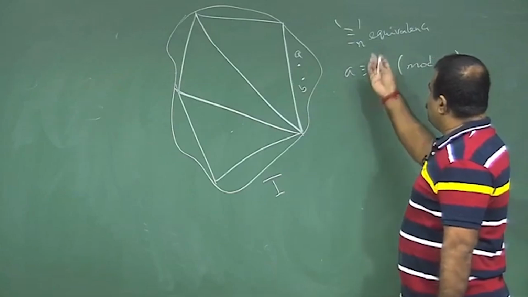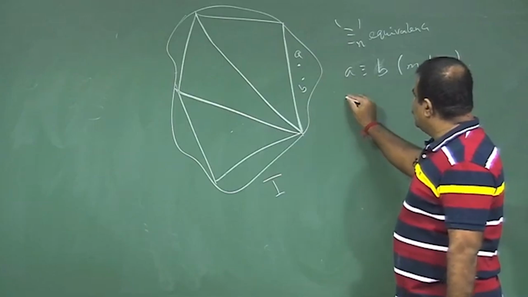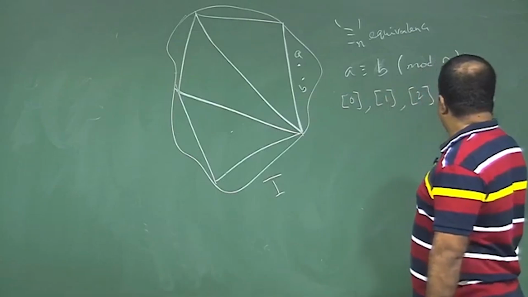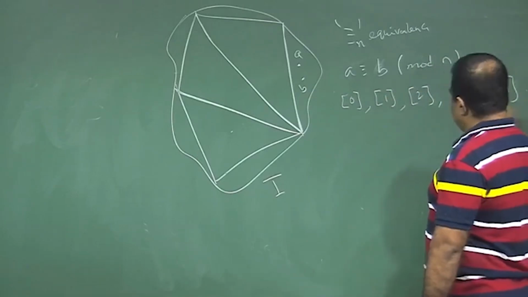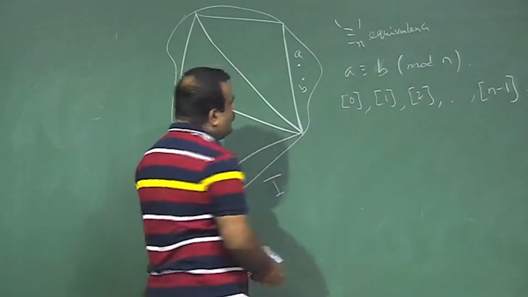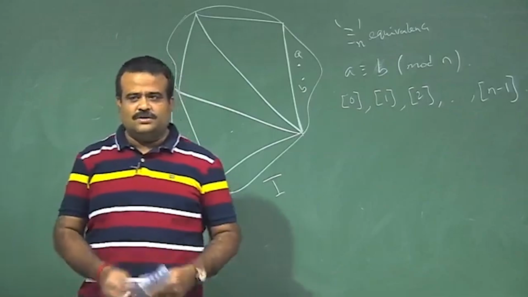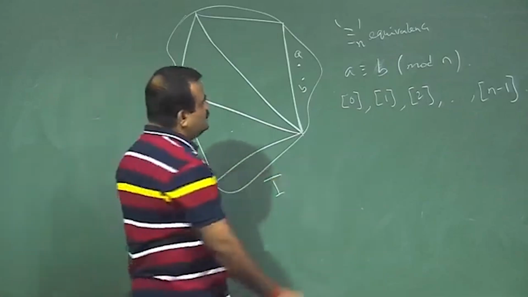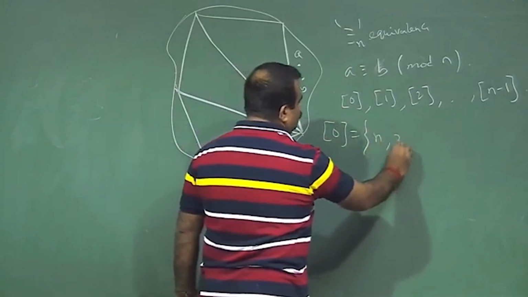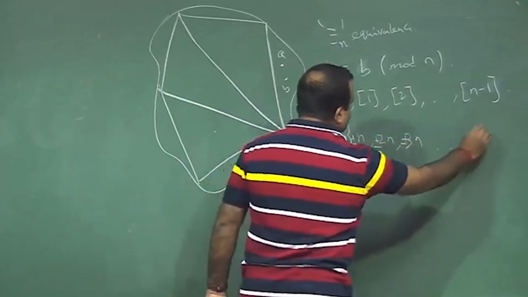Now, these classes are basically denoted by 0, 1, 2 up to n minus 1. The 0 class means all the integers whose remainder is 0 when divided by n. That means all the multiples of n. So, the 0 class is the set n, 2n, 3n, plus or minus, like this.